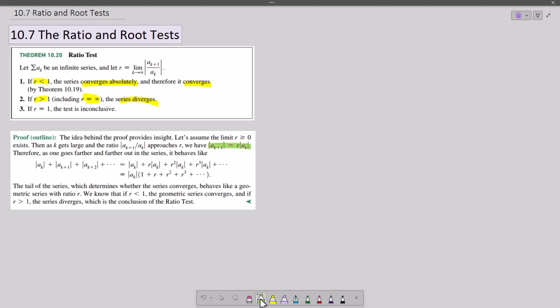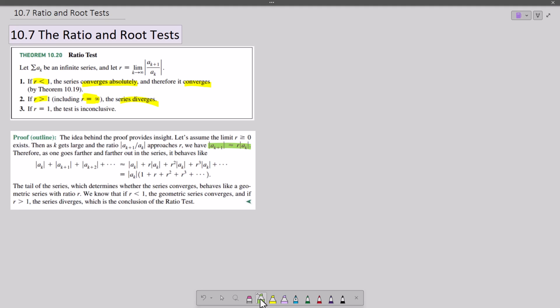If the limit of this ratio equals r, you can multiply both sides by a sub k, and it tells us that when you go out into the tail of the series, the next term is about r times a sub k.